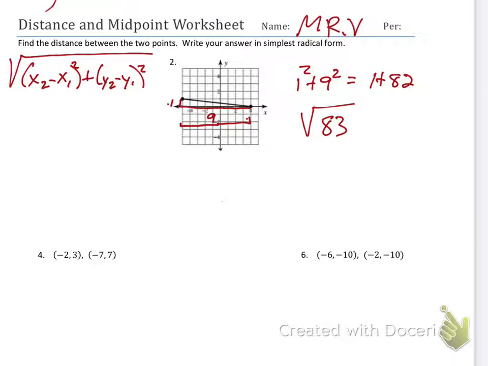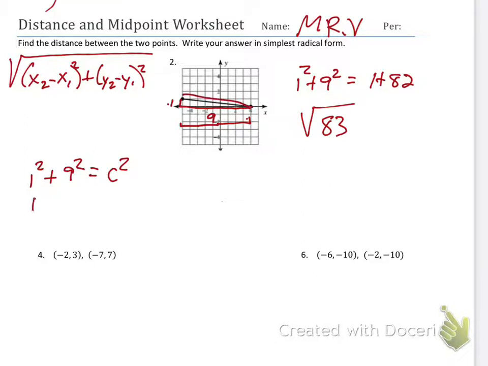Oh, I'm sorry. Since it's a squared plus b squared equals c squared, you would have 1 squared, a squared, plus b squared, which is 9 squared, is equal to c squared. And that would be this distance right here, and that's what we're looking for.